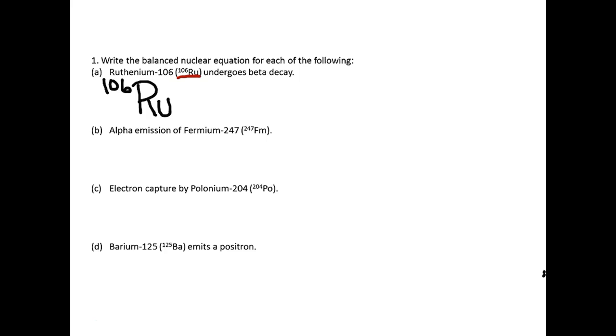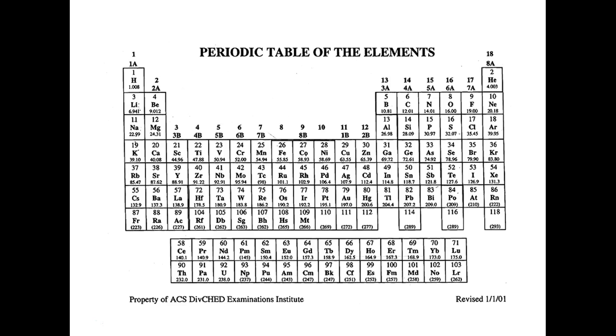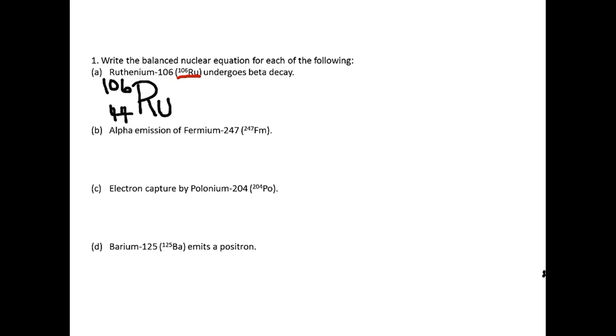It's not only a good idea, but you should definitely do it in this class. So we're going to go to the periodic table and find ruthenium, which is here. It's element 44, right? And then we're going to go back and write a 44 in the lower left-hand corner.